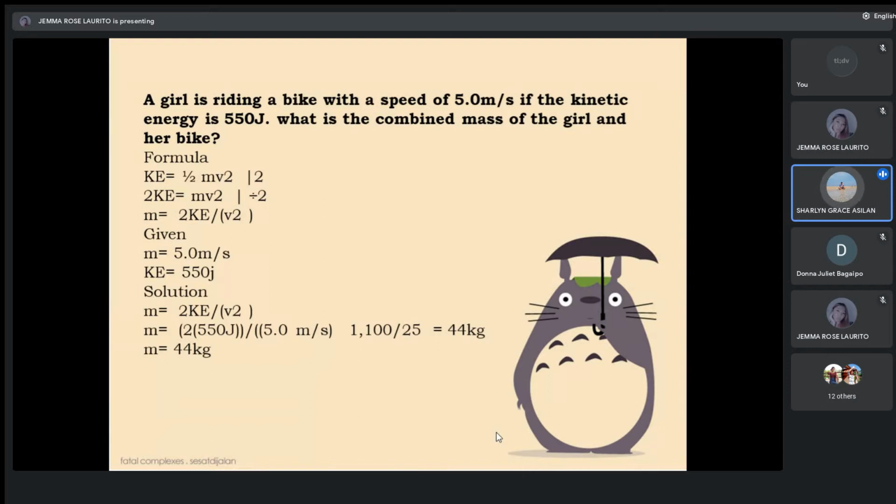A girl is riding a bike with a speed of 5 meters per second.